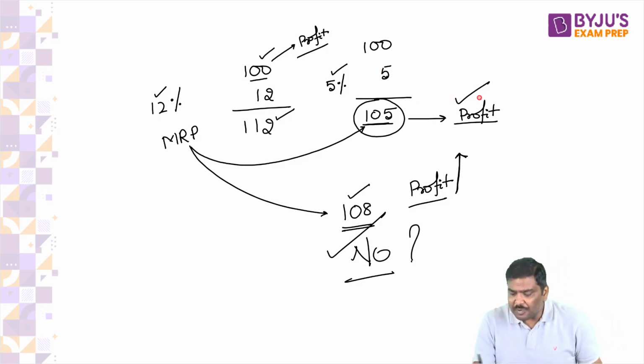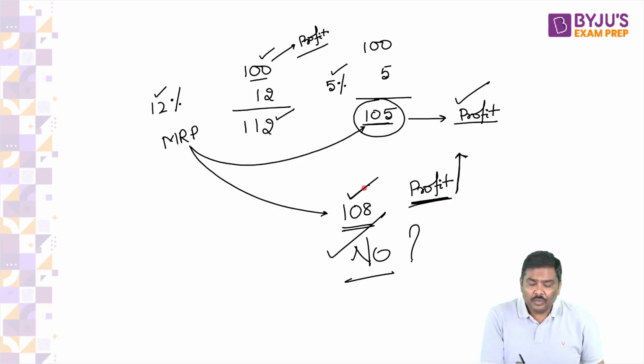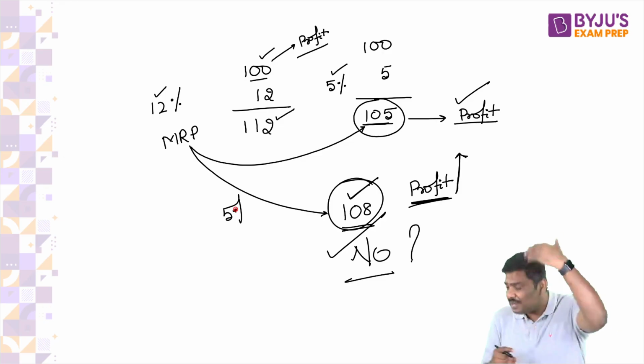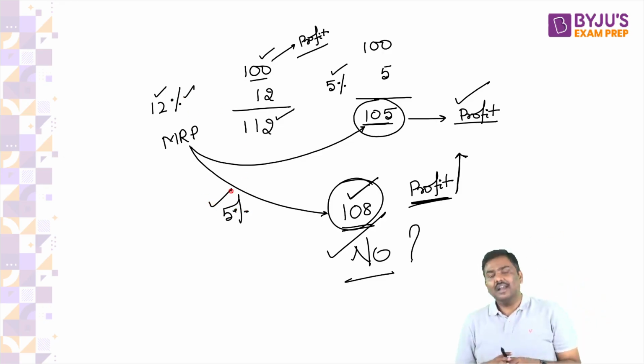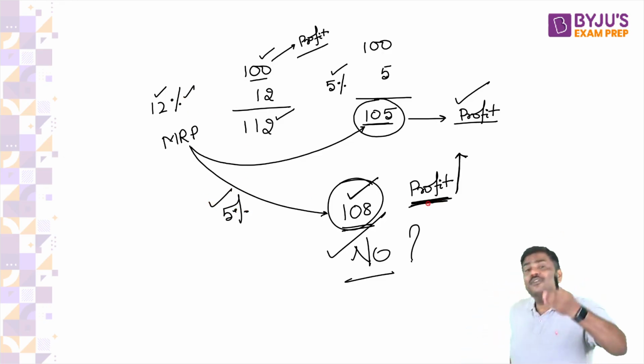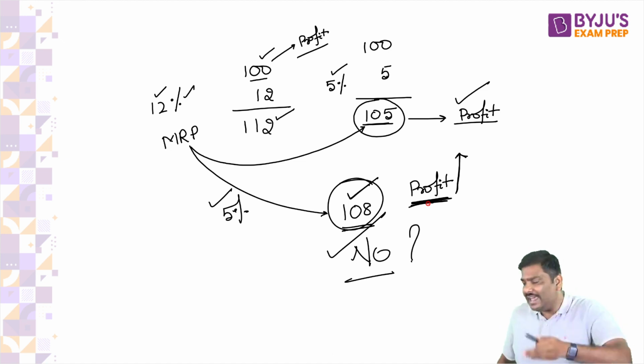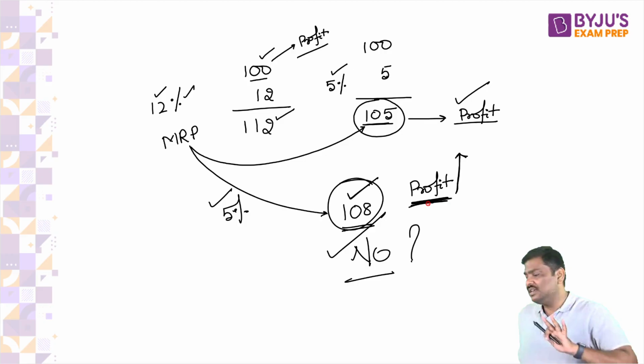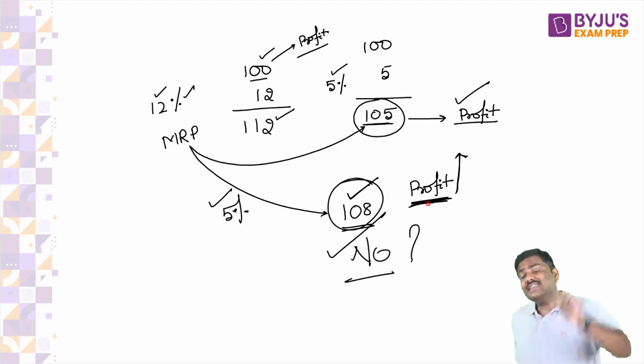But the amount of profit that you earn by selling it at 108 rupees, when the GST rate has been reduced from 12% to 5%, will be much, much higher. You will be earning much higher profit. That is the reason I'm saying it is unfair, excessive profits.